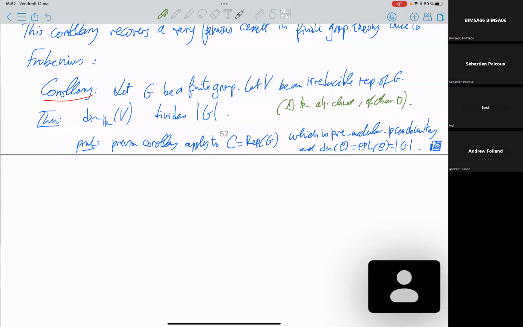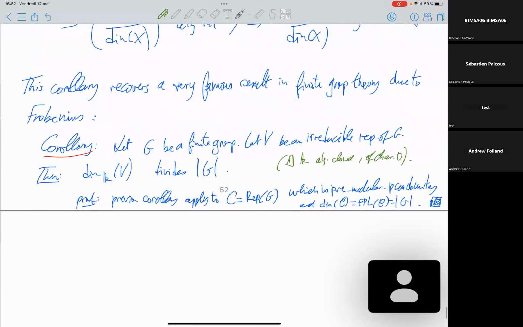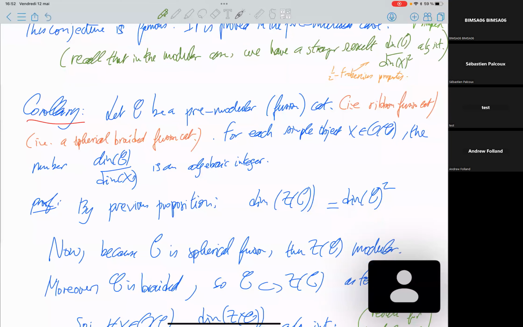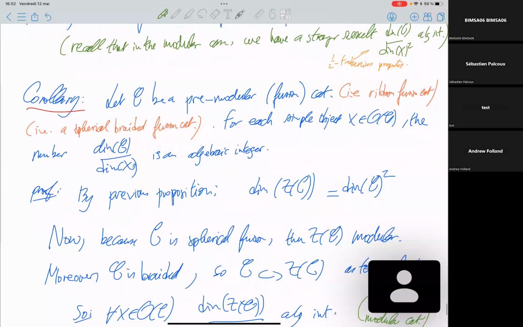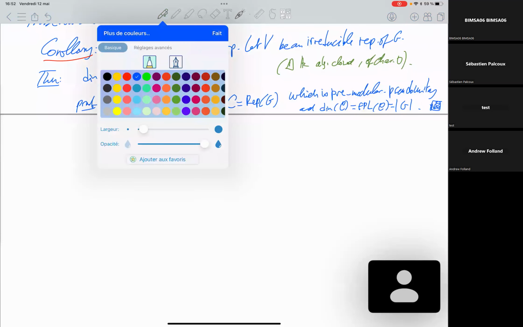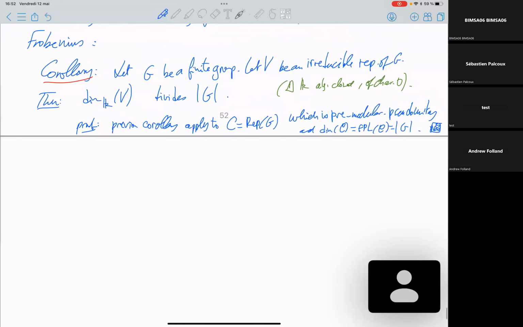Okay. So let me finish with, in fact, the generalization of this corollary to any fusion category. We cannot state it for any spherical fusion category, but we can state something which is quite nice. So let me write it as a remark.